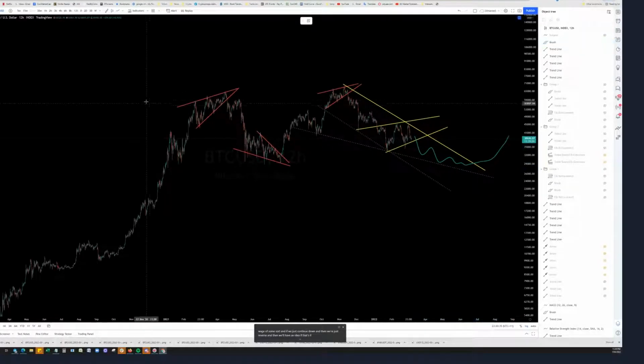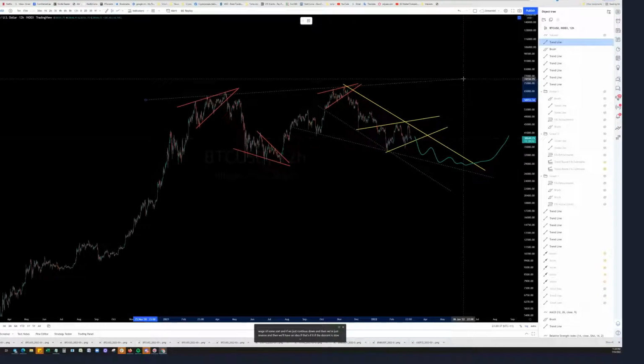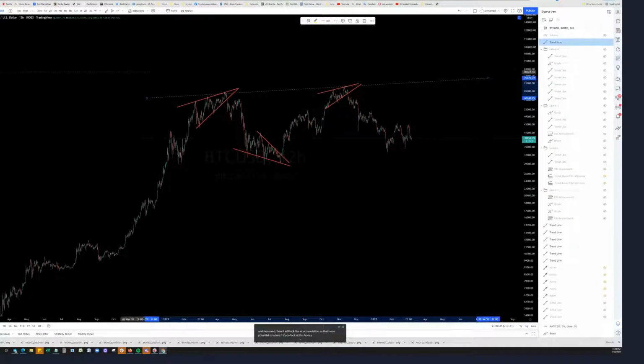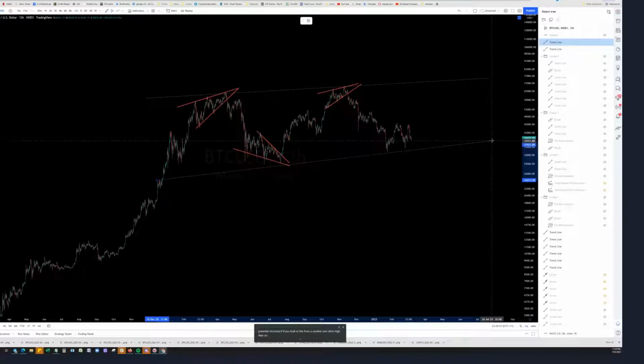If you look at this from another one, I can hide those as one model. I can put this in, and you can also say that this is a channel of some sort, give or take. I don't see that happening. I just don't see this finding support there.